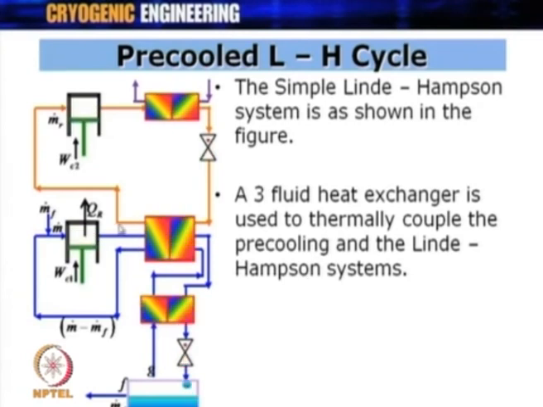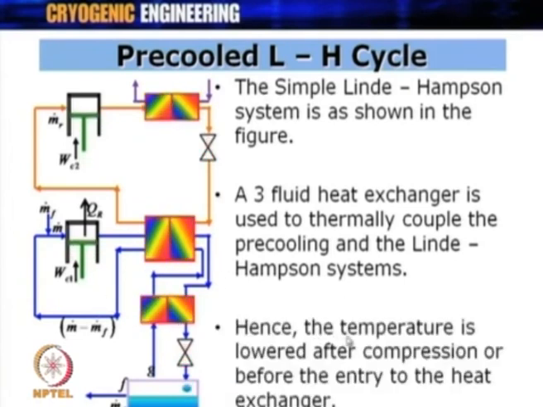So, what you have now are 2 circuits: one is a pre-cooling circuit, and the other is a simple Linde-Hampson system with a pre-cooling heat exchanger, and this whole arrangement is called the pre-cooled Linde-Hampson cycle. Hence, because of this 3 fluid heat exchanger, the temperature is lower after compression, before the entry to the heat exchanger.